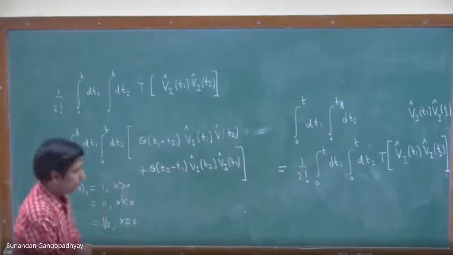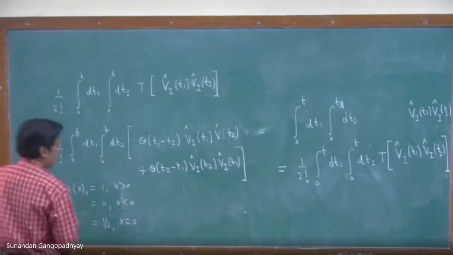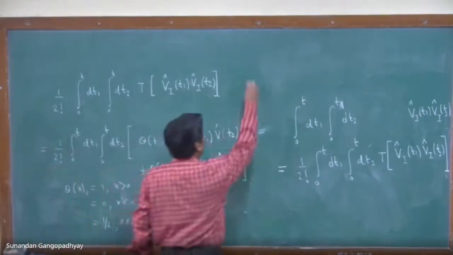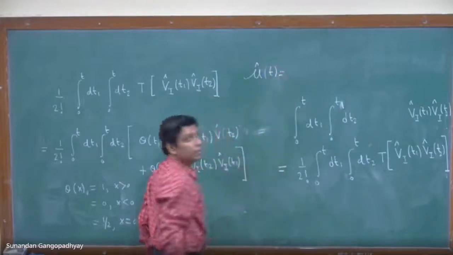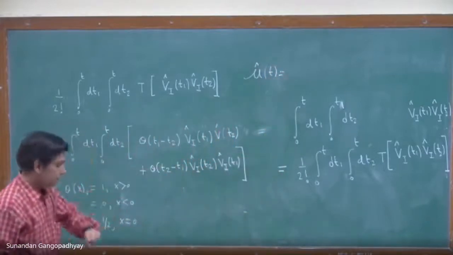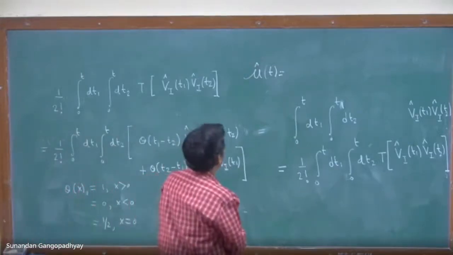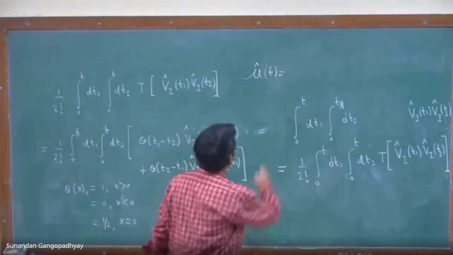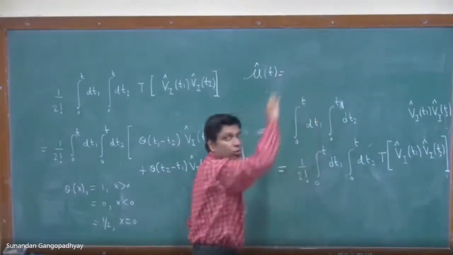So ultimately what we shall get is the following. You remember the series expansion that we derived, maybe 20 minutes back. We had the summation n equal to 0 to infinity and product of integrals.